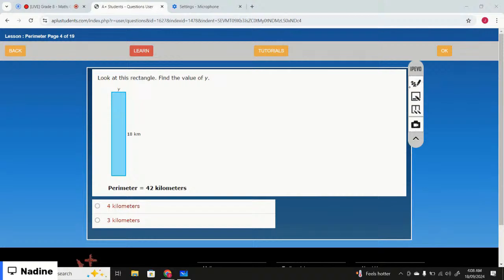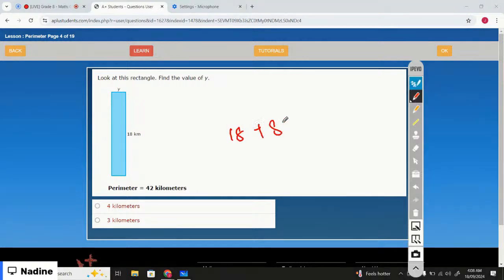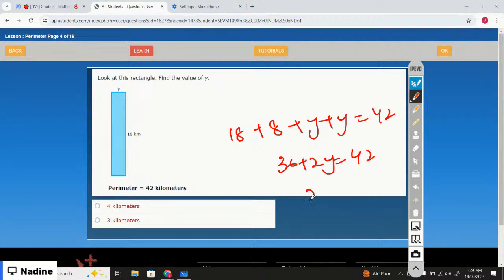Just add all the side lengths. Two of them are 18, so 18 plus 18 plus y, that equals 42. That is 36 plus 2y equals 42. 2y equals 42 minus 36. So that is 6. Then y equals 3.